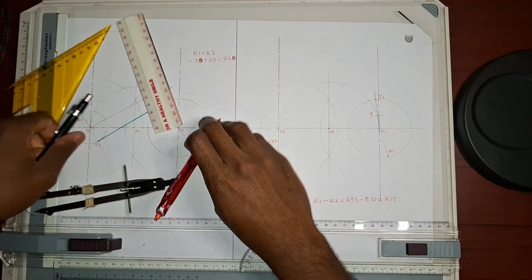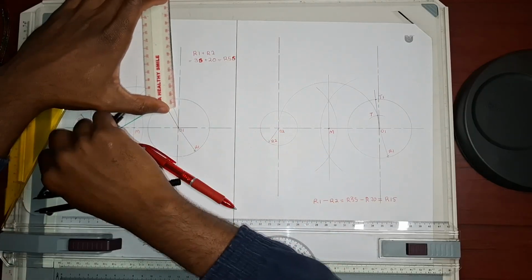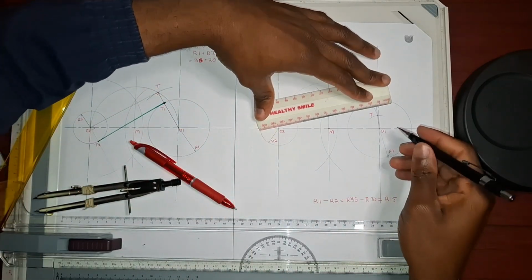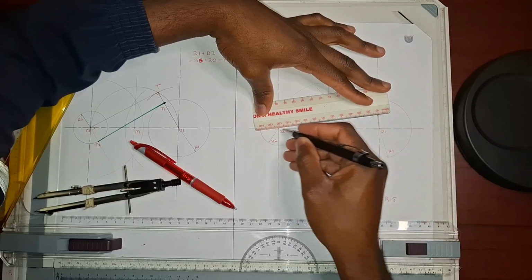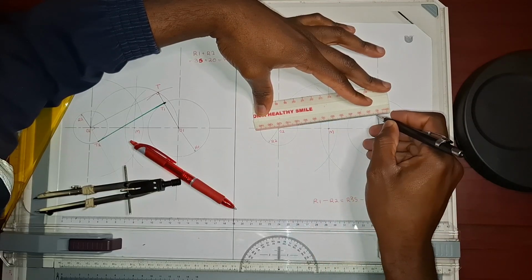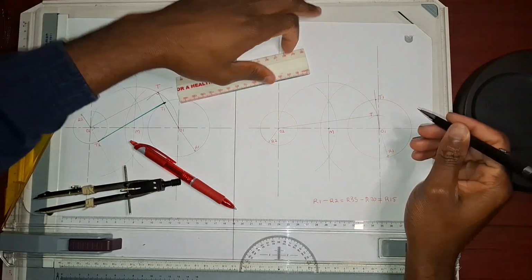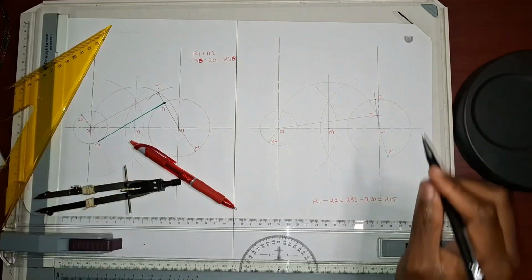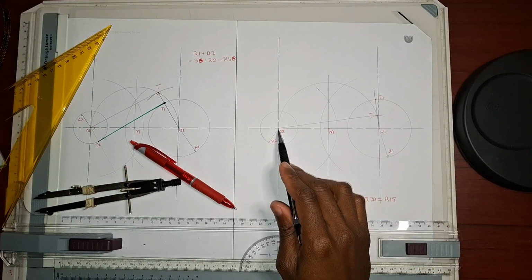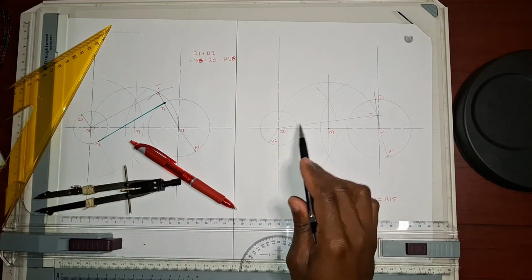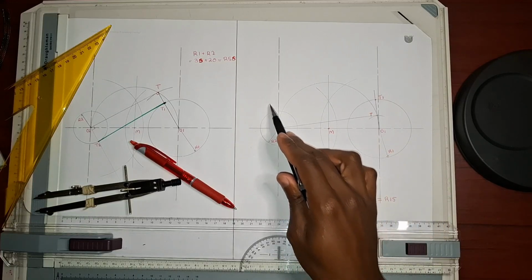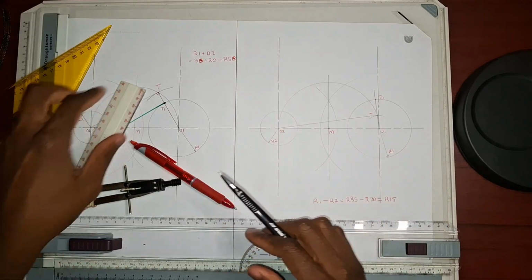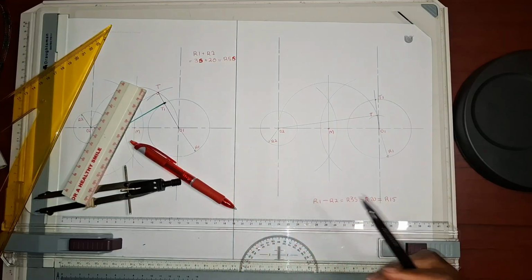Now, you draw a line from T, the same way you've done on the other side, to right there. Like that. Now you're going to draw a line parallel to this one from here going that way. Now you can use a protractor.